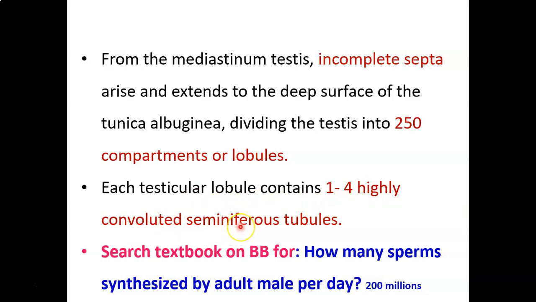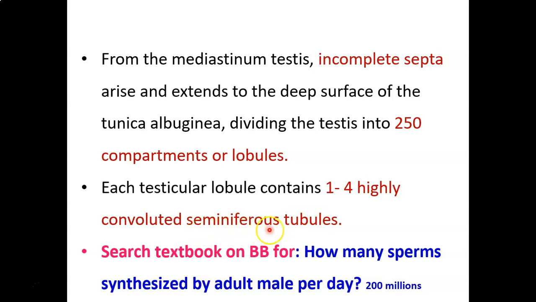By the end, you should know that the testes are divided into 250 compartments or lobules called testicular lobules, and each lobule contains highly convoluted seminiferous tubules which produce sperm.